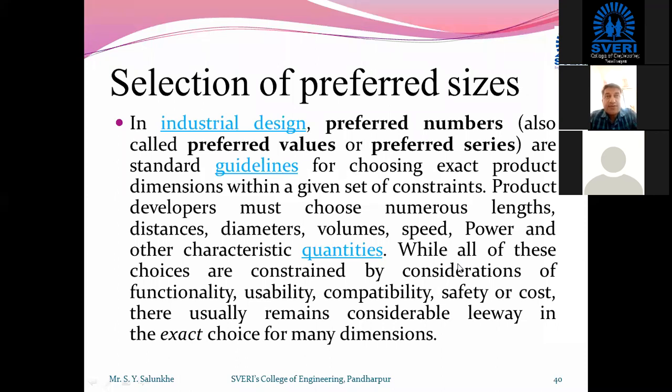So, first of all, this is the first slide where we can see that while we design any component, we come across, taking the example of a shaft from last time, various values like length, distance, speed, volume, power, and diameter.